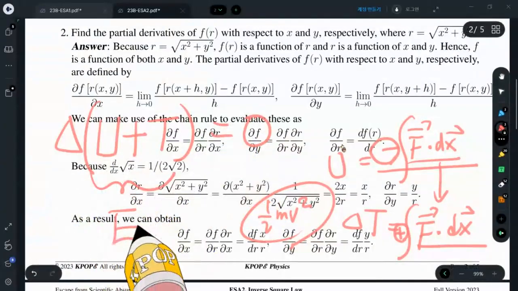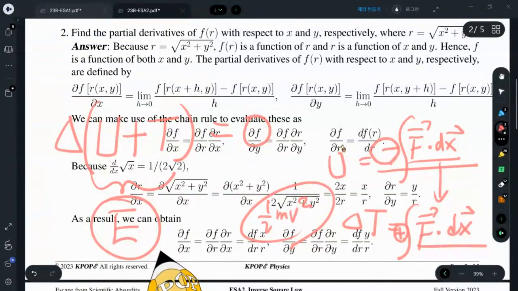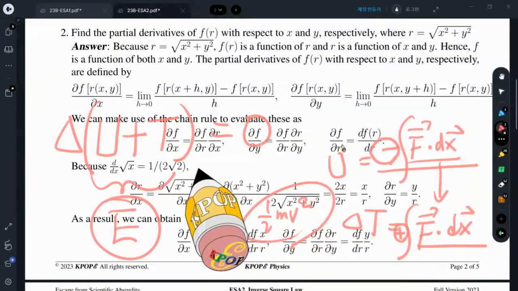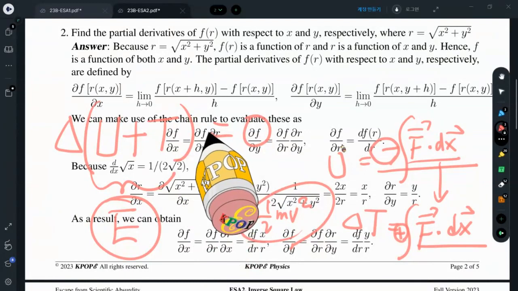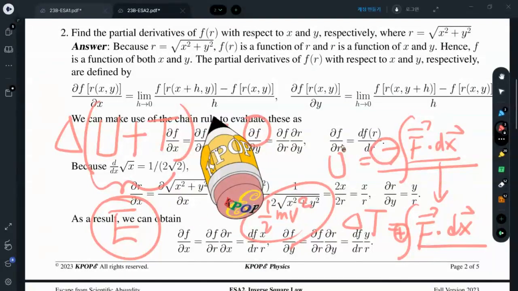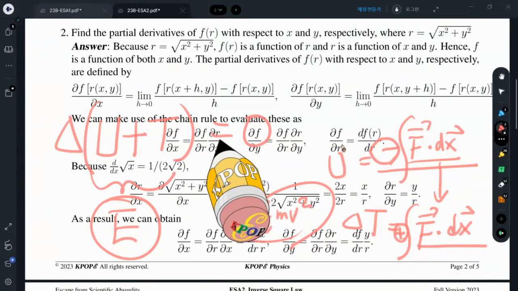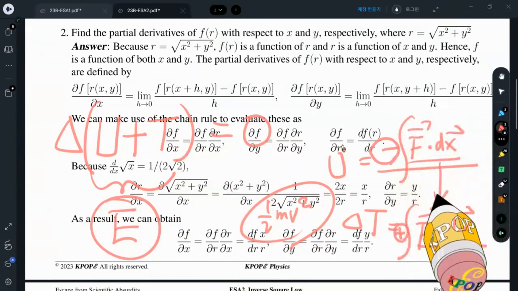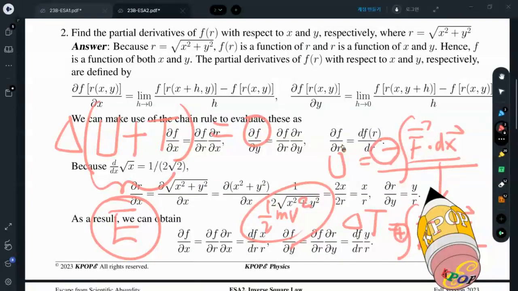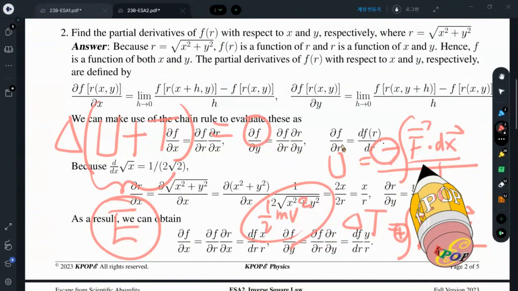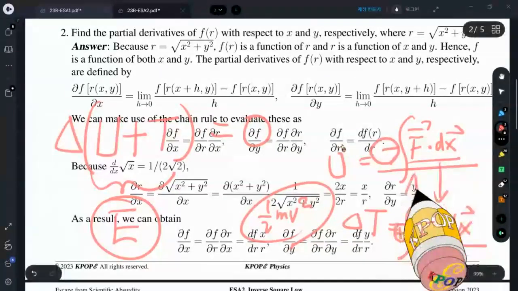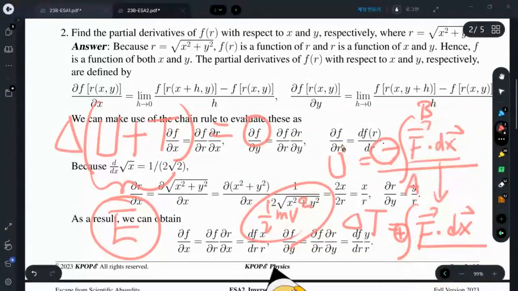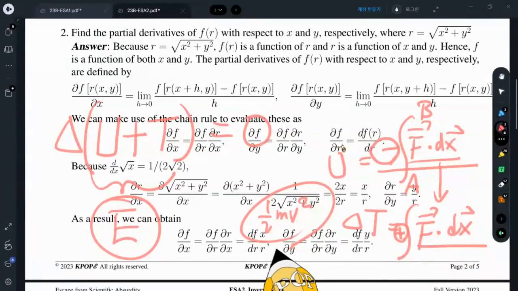Therefore, we define this as the total mechanical energy, and total mechanical energy is conserved if a force is conservative. If a force is conservative, this integral is uniquely defined, and this integral is independent of the path connecting the initial and final point. That's the fact for the conservative force.